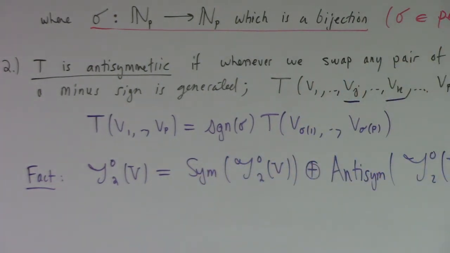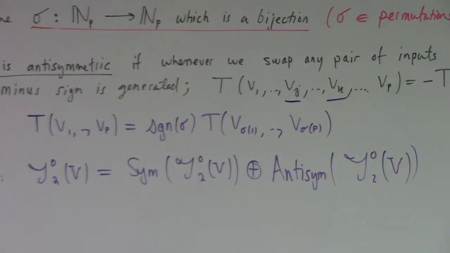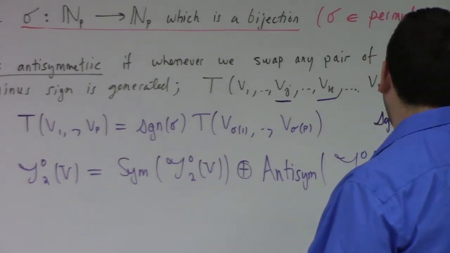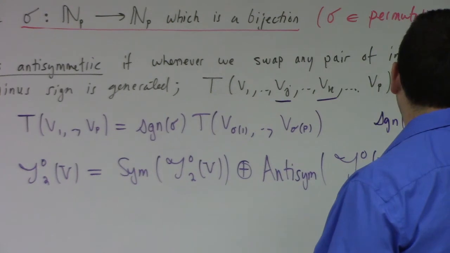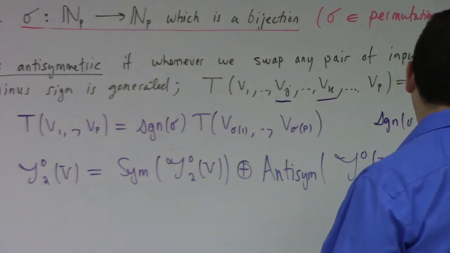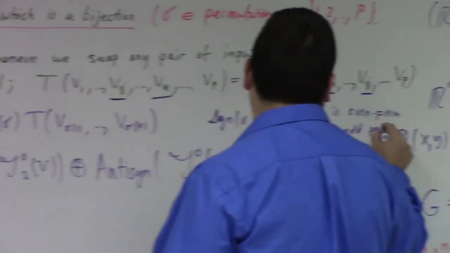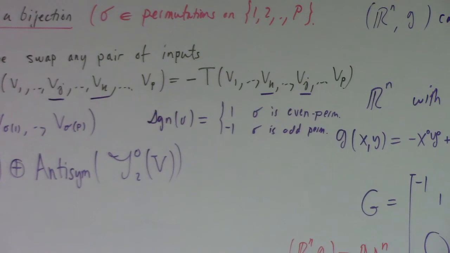What's the usage again? In the first part you wrote in purple, that is, the sign of sigma is either equal to 1 or minus 1 if sigma is an even permutation, and if sigma is an odd permutation. What exactly does that mean? Ask me after class.